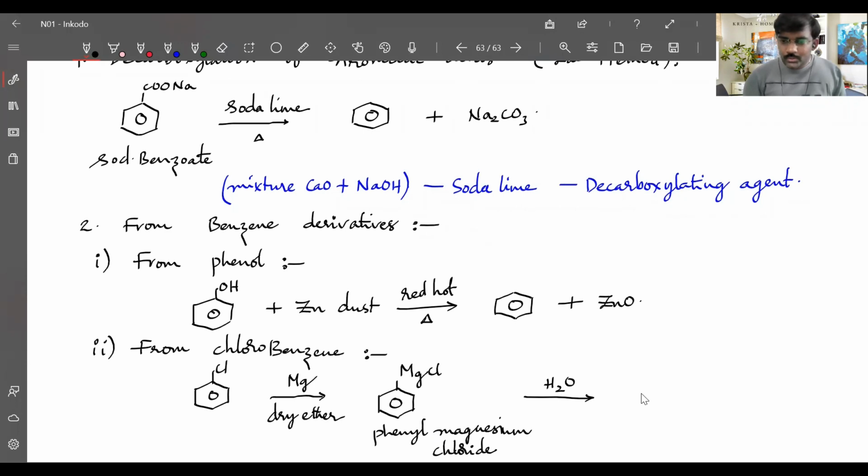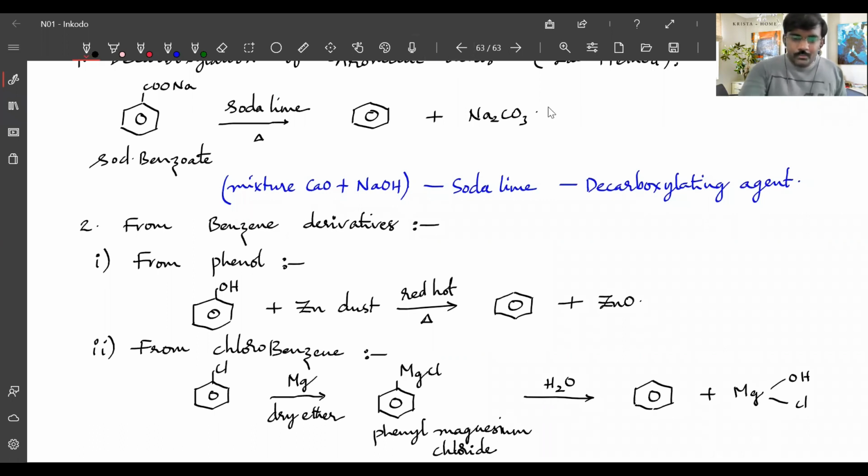If you add water to it, then it will become benzene. The remaining part will come out as OH: here OH is attaching to magnesium, and the hydrogen from water is attaching to the carbon of benzene. So it will become benzene plus magnesium hydroxychloride.